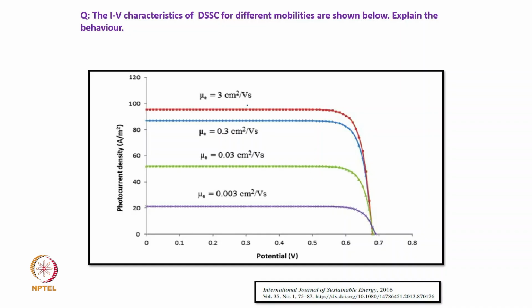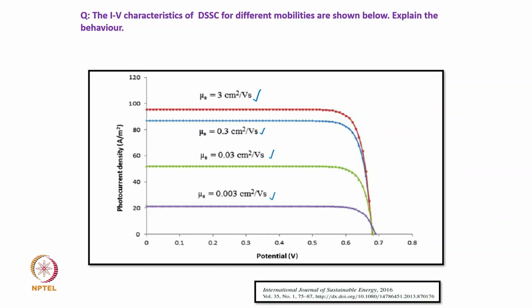This one corresponds to the maximum electron mobility, which is 3 centimeter square per volt second, and this is 10 times less than that, 0.33, and this is again 10 times less, and this is the lowest. So, one is 0.03, another is 0.003. You keep on reducing the mobility.